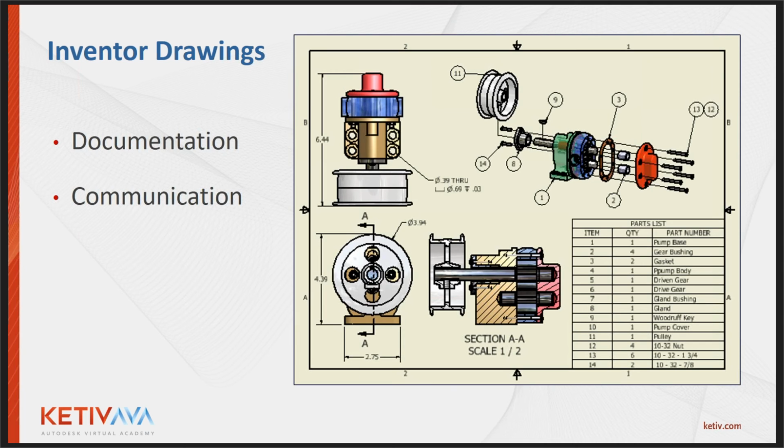The documentation is key. So everything from dimensions of the product to a parts list or bill of materials for the assembly, all the way up to, in the top right corner of that image, you can see how this assembly comes together.